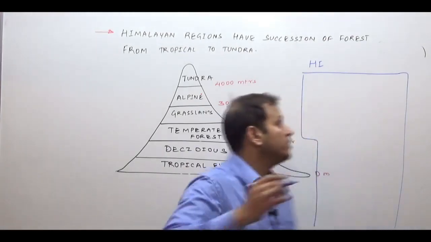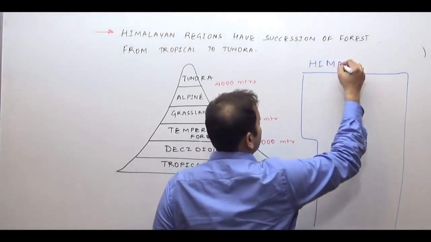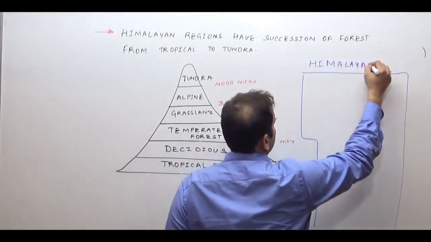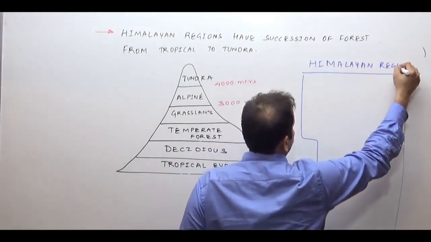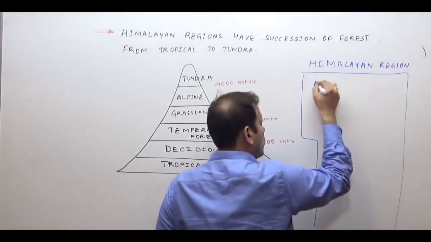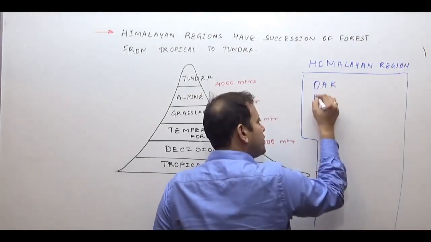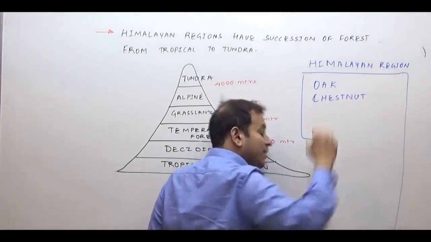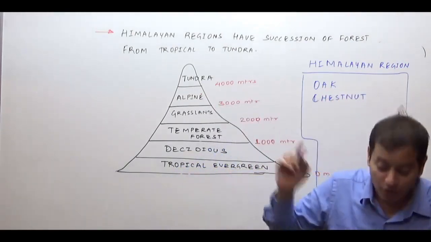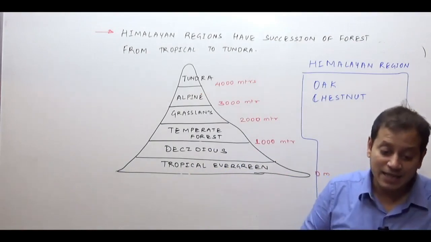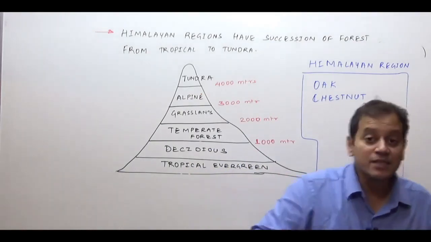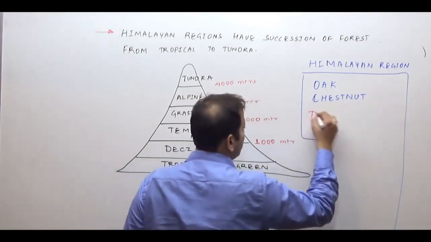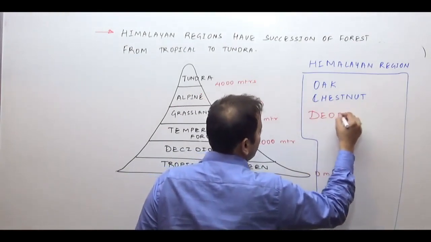these are oak, Indian chestnut, and a very important species which is found in the western Himalayas, and that important species is Deodar in the Uttarakhand region in the western Himalayas.